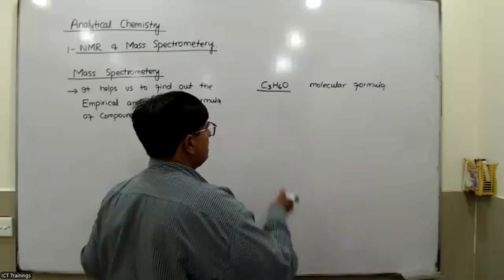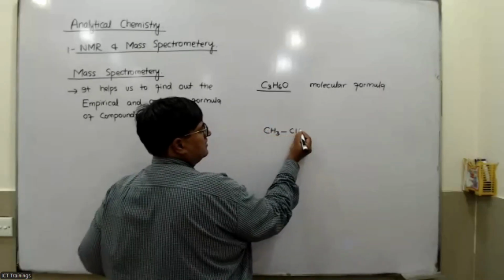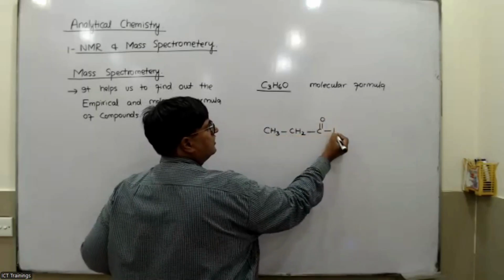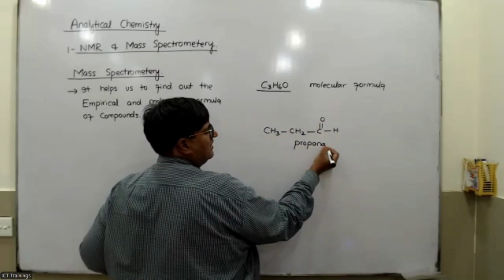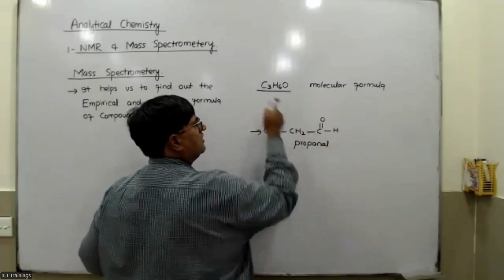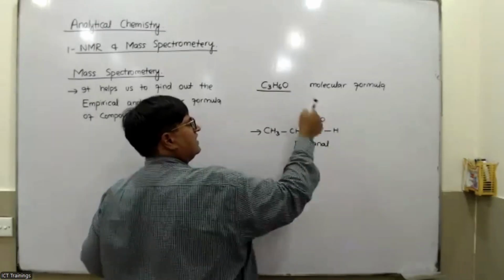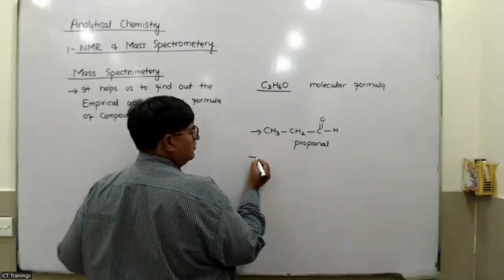Because this formula could have this structure, CH3, CH2, C double bond O, and H. So this is propanal, an aldehyde. If you count, 3 carbon, hydrogen 3, 2, 5, and 1, 6, and oxygen is 1.